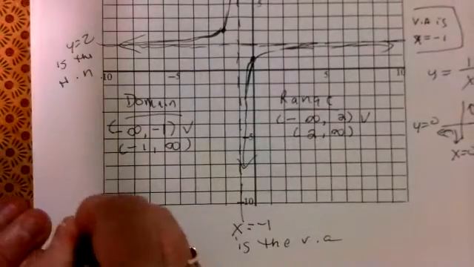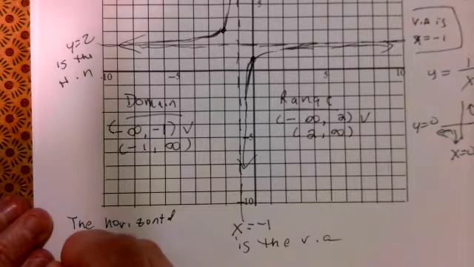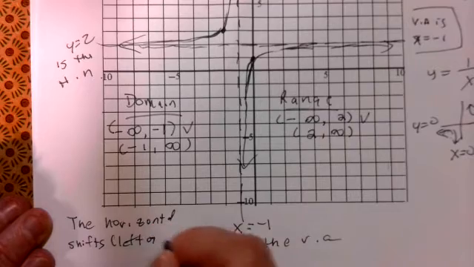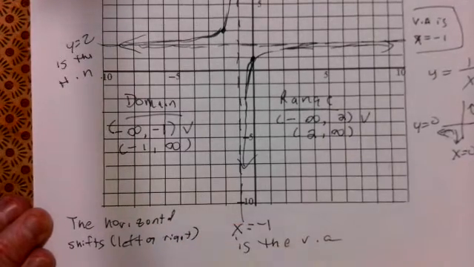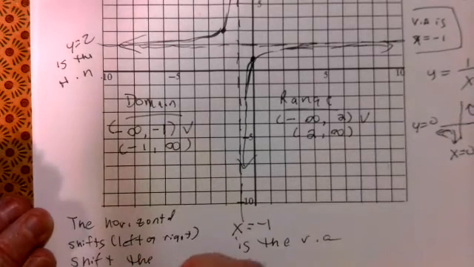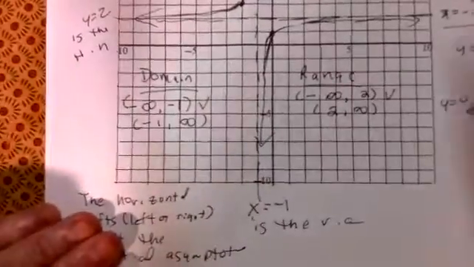So what I said, I'll just summarize down here. The horizontal shift, which is left to right, shifts the vertical asymptote. Because shifting left to right, it's going to shift this vertical line right here.